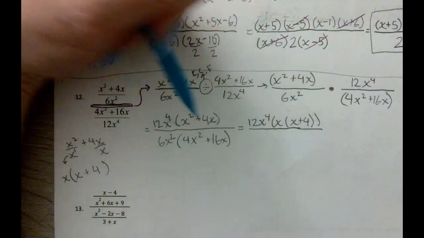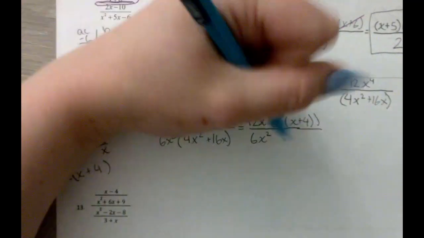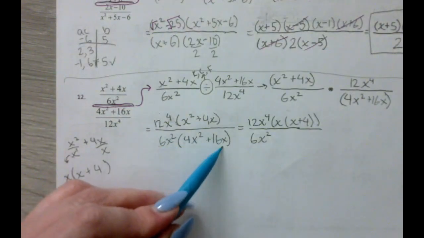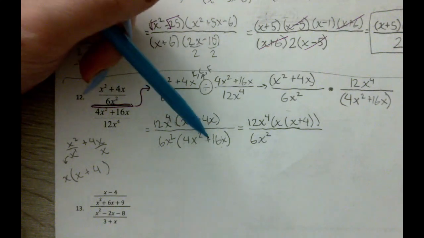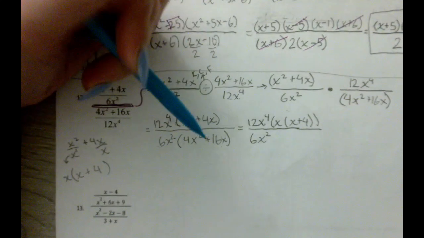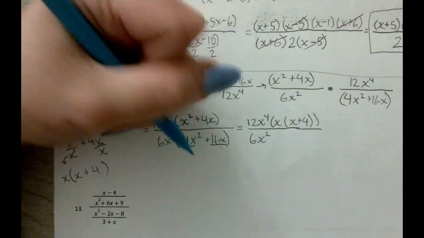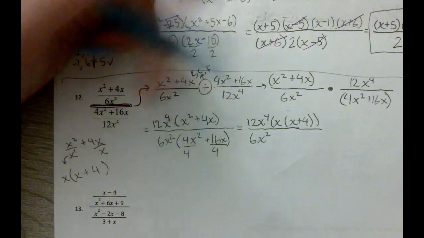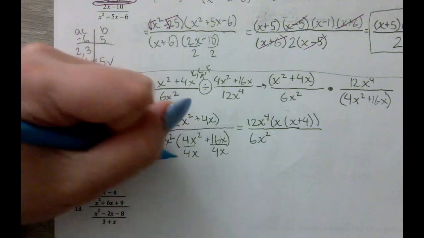Okay. Now on the bottom, I have 6x squared, and then the 4x squared plus 16x. I can do some work here. 2 terms being added. This is another GCF. 4 and 16, you can divide both of those by 4. X squared and x, they both have x in common, so I'll take out x as well. So that's my GCF.